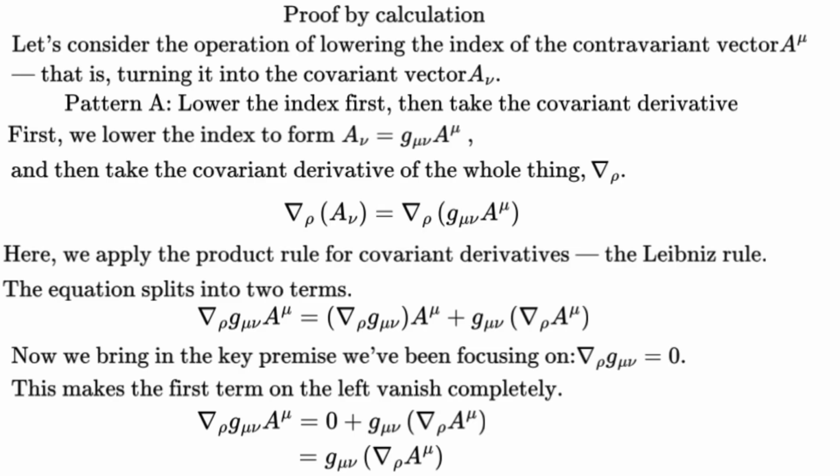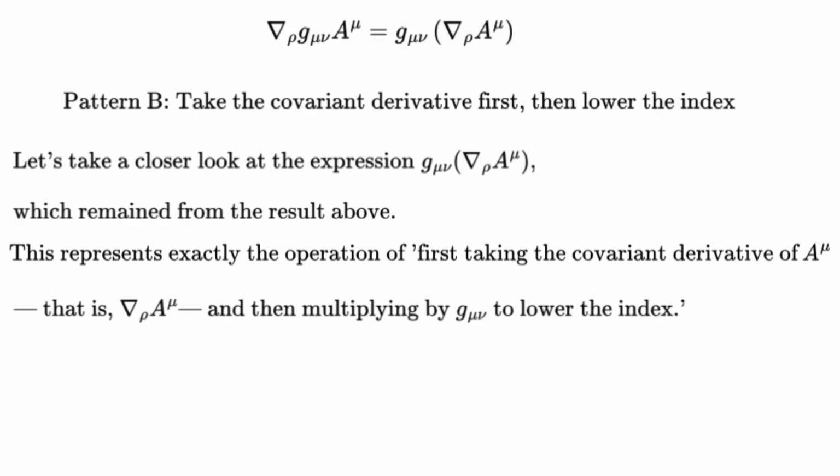Now we bring in the key premise we've been focusing on. Nabla rho g mu nu equals 0. This makes the first term on the left vanish completely. Pattern B. Take the covariant derivative first, then lower the index.